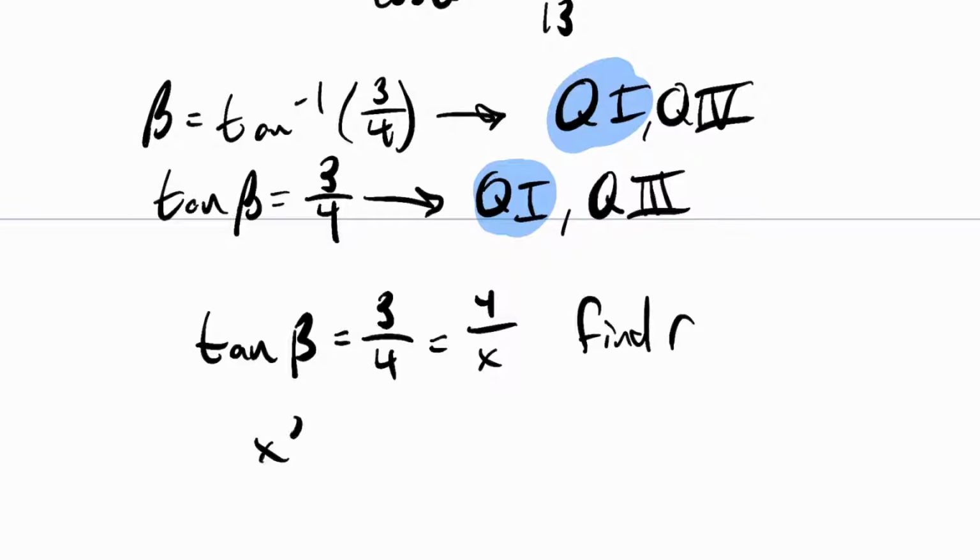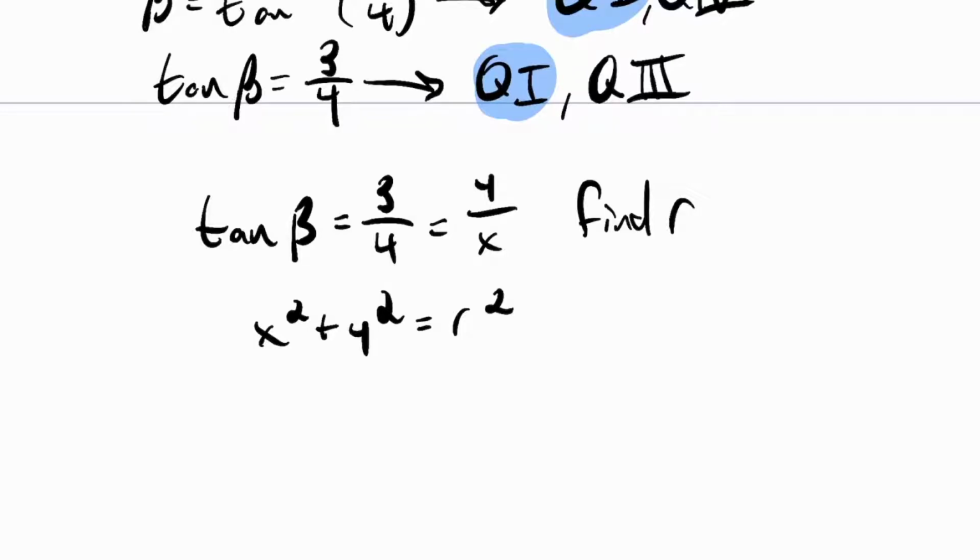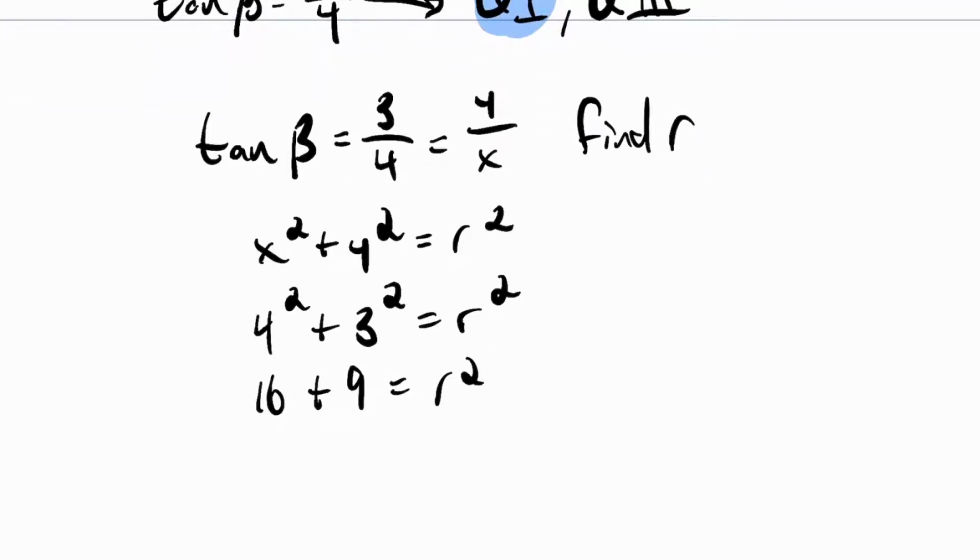Now, x squared plus y squared equals r squared, so 4 squared plus 3 squared equals r squared. These numbers were chosen to be Pythagorean triples. 16 plus 9 equals r squared, so 25 equals r squared, so the radius must be 5.